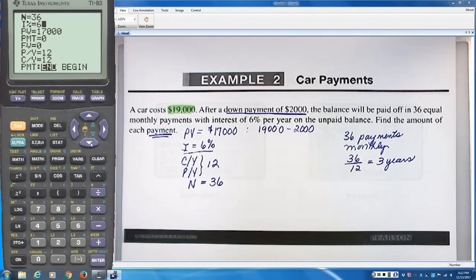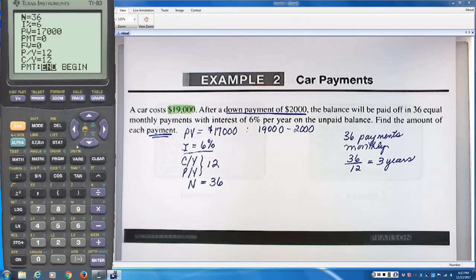Now, the present value of the car, in this case, is money that they paid to us, and we're having to pay it back, okay? So they paid us for the car, and at the end, we're paying them back the money. That future value is going to be negative.